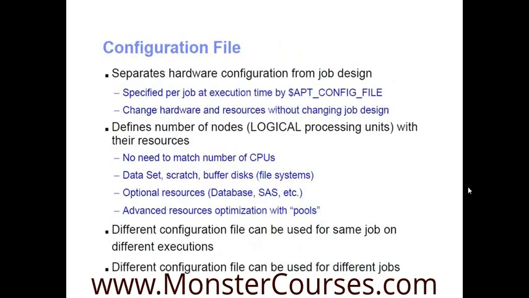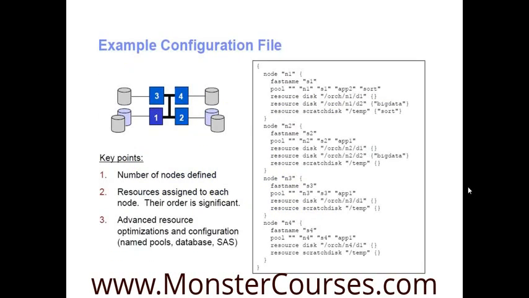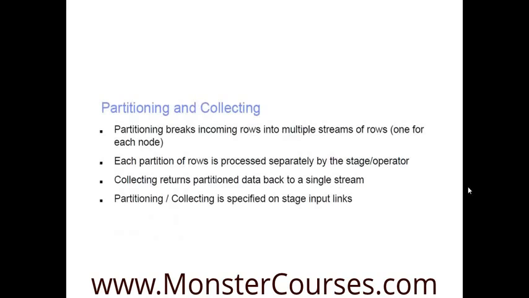I will explain the partitioning. As I said, IBM provides us partitioning algorithms and collecting algorithms. Partitioning is when we send data from the source side to the transformer stage in different sets of partitions.